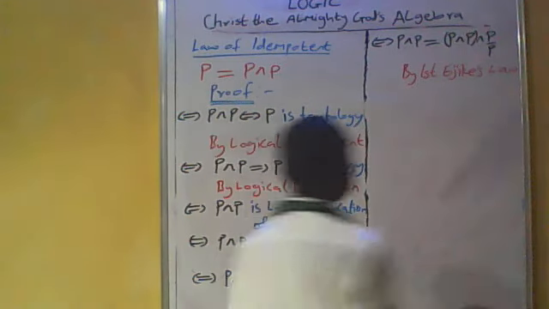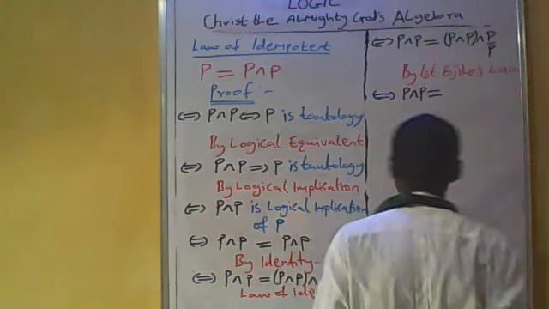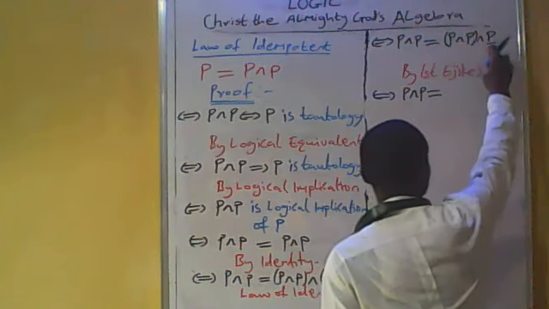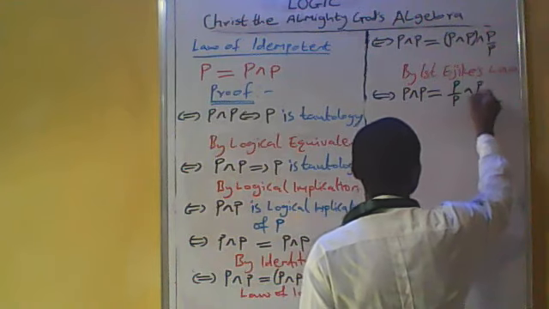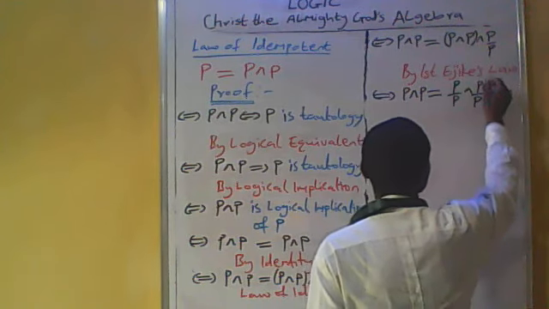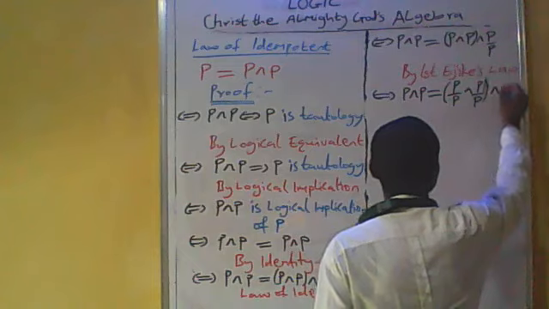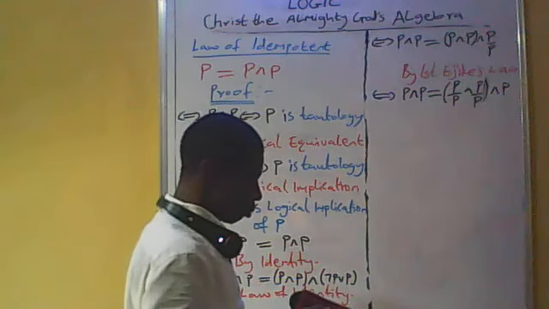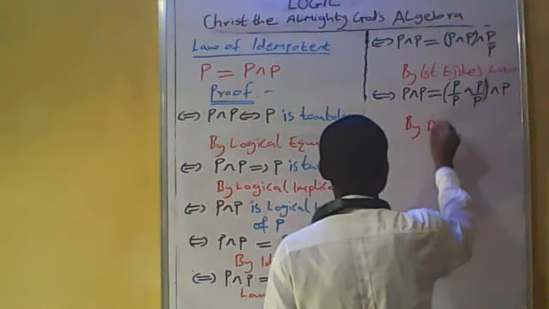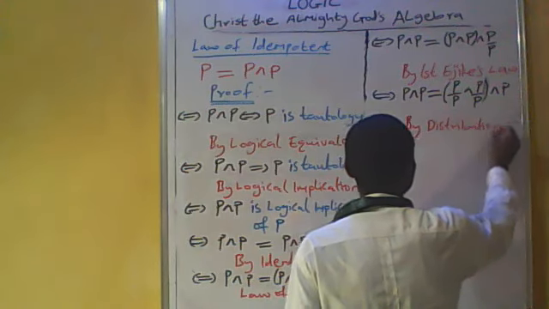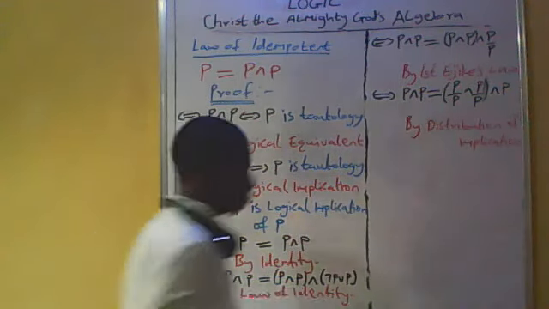Say if and only if P and P is equal to, we are going to distribute this implication P to P and P. That means we have P implies P and P implies P and P, being justified by distribution of implication.